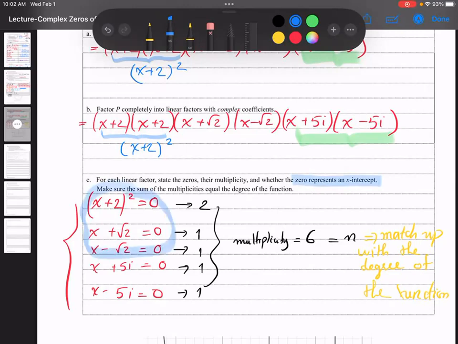Yeah, those four. So maybe I'll rewrite it over here: x equals negative 2, x equals negative root 2, and x equals positive root 2.